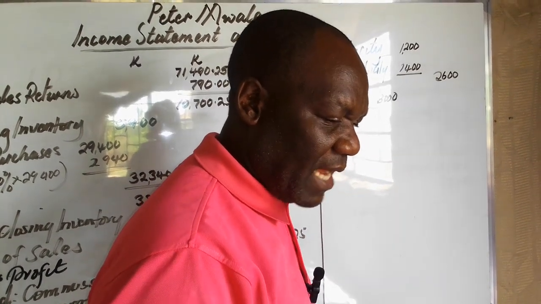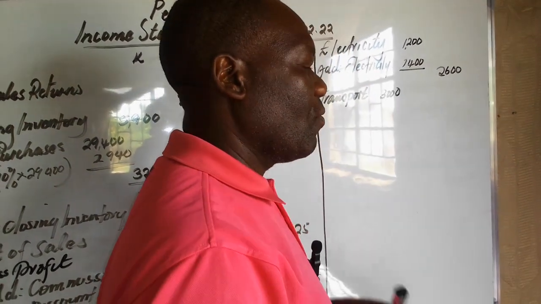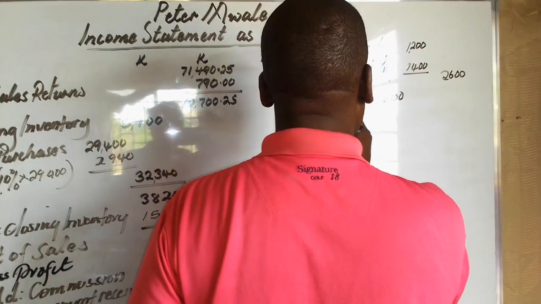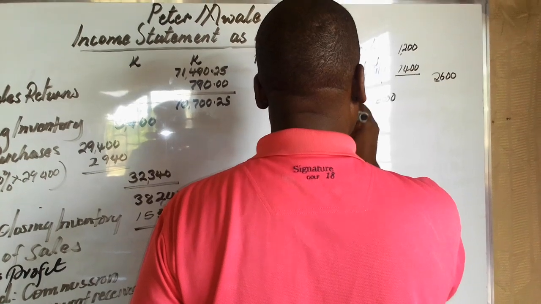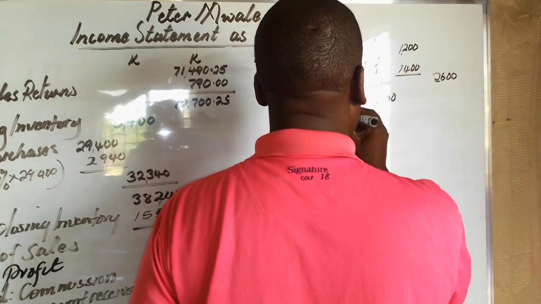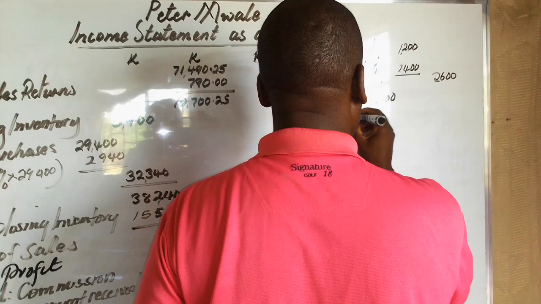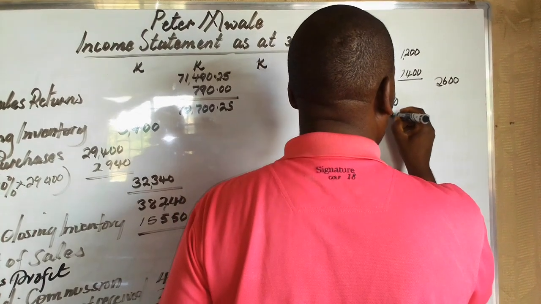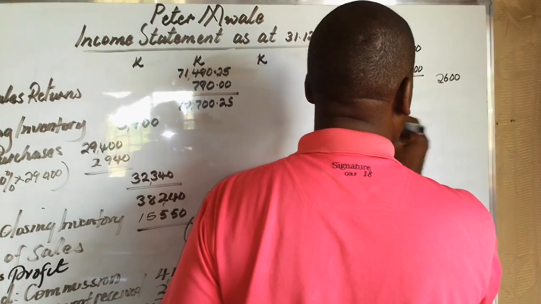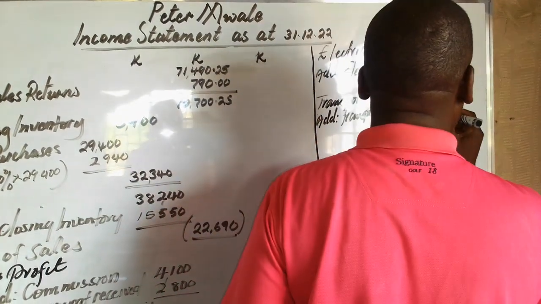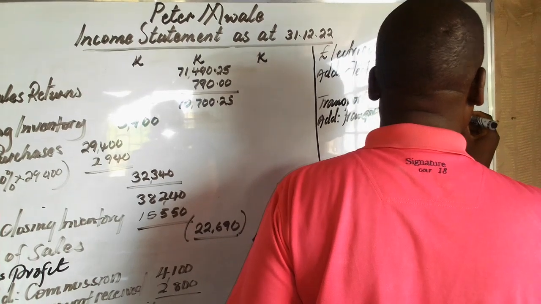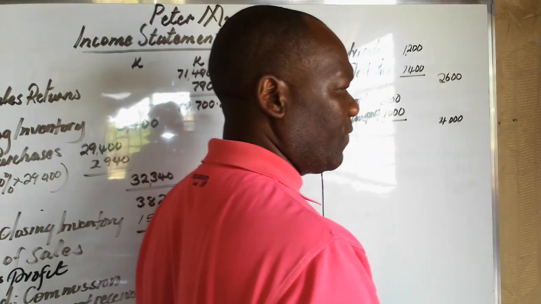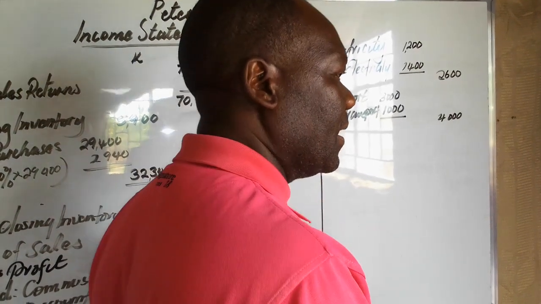It said another transport was used for the tables, so 1,000 was used. This is extra transport which was not recorded. When we add this, it will give us 4,000.